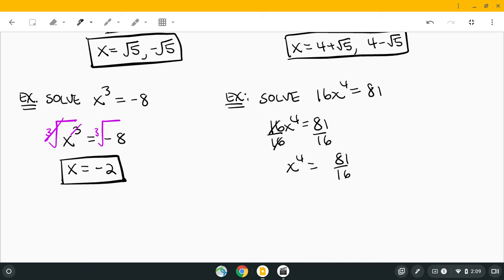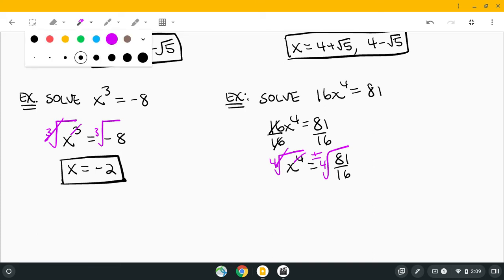And now I'm going to get rid of that power 4. So I will use not the square root, not the cube root, but the fourth root. And this is even, so when you take the fourth root here, you will get two answers, the positive and the negative.